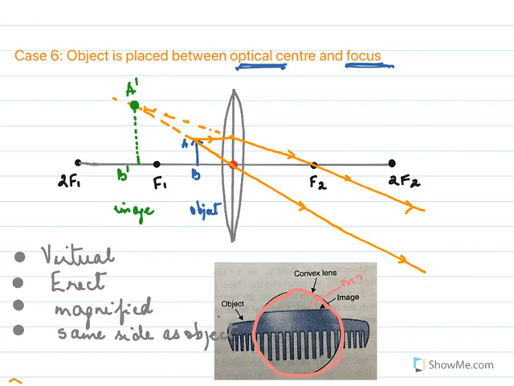This region has got magnified. So this is an example of a magnifying glass. A convex lens can be used as a magnifying glass because it gives a magnified image. Here we got a magnified image of the comb, this area.